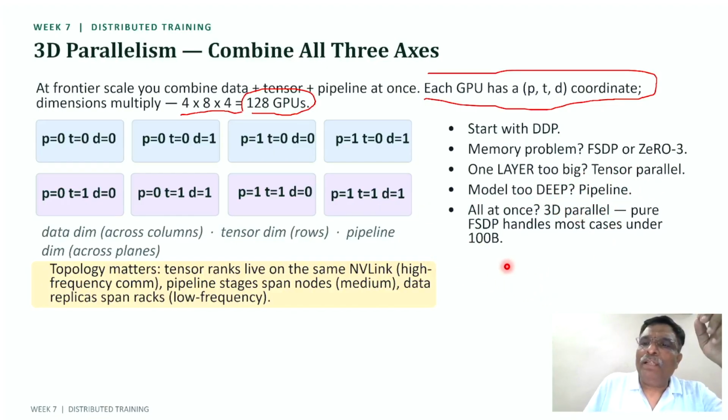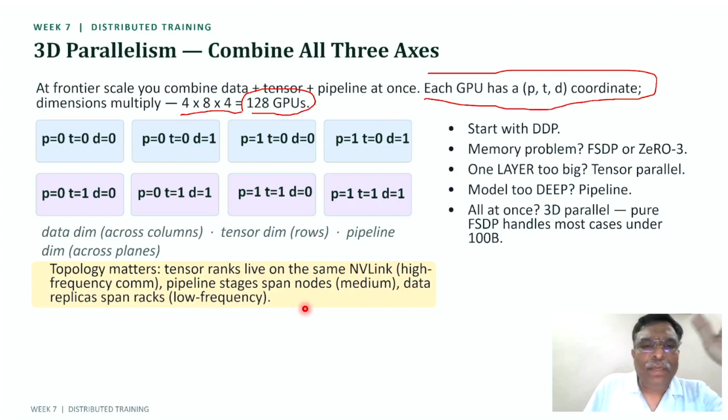So all at once, what we can do is start with DDP, that means data splitting, and then we can use tensor and we can use pipeline, right? So tensor ranks live on the same NVLink. Pipeline stages span the nodes. Data replicas span the racks.